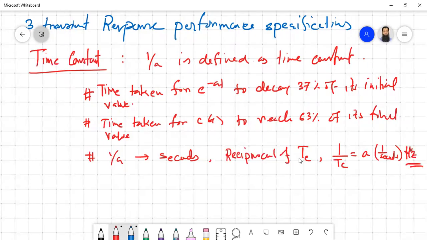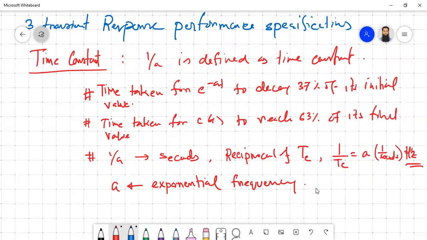So we can also define a as the exponential frequency. Same parameter a, defined in a different way, and its behavior.